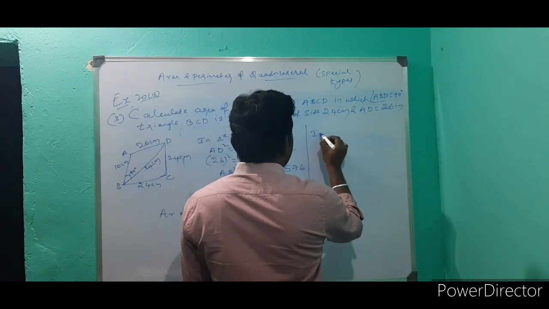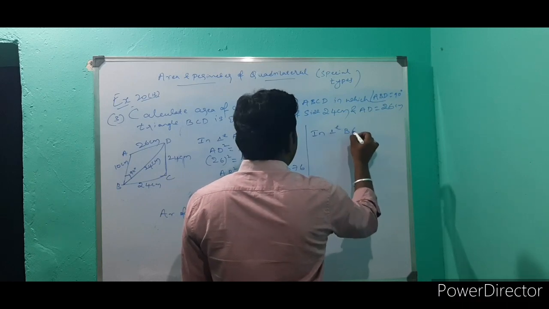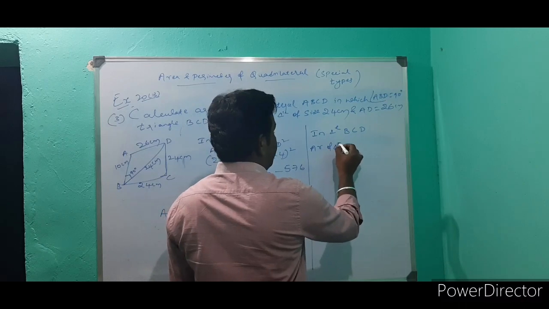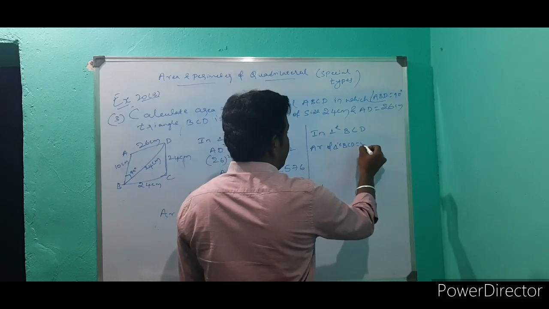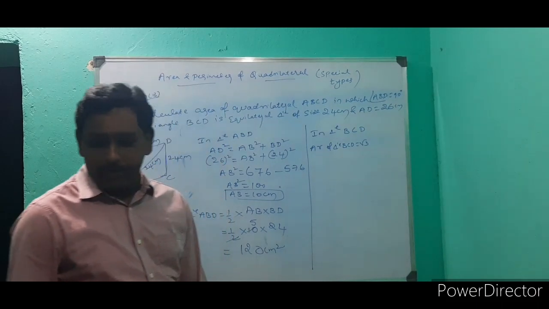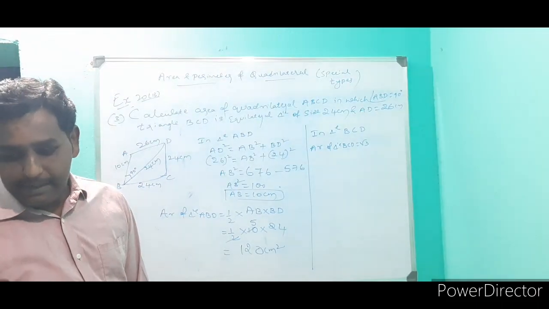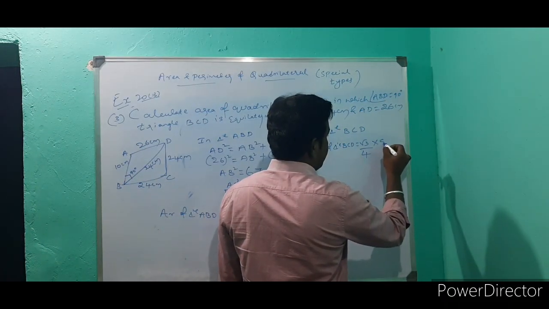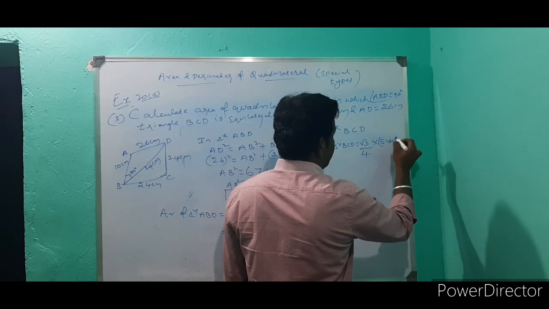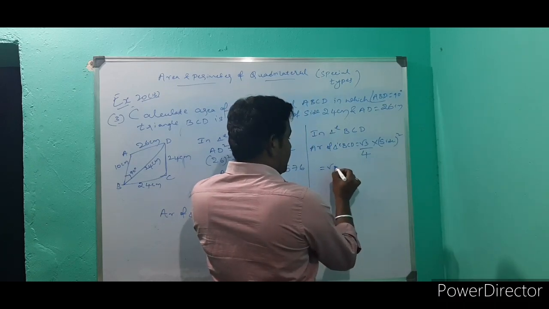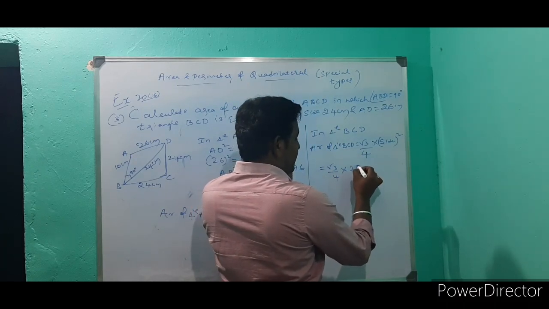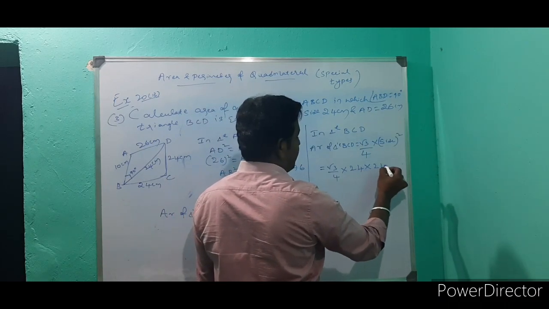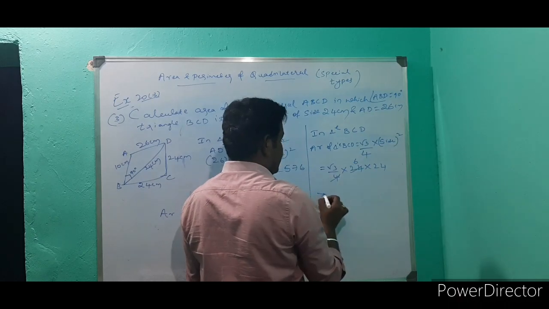Next up, in triangle BCD, equilateral triangle, area of triangle BCD is equal to root 3 by 4 into side square, that is root 3 by 4 into 24 squared. 4 1s are 4, 4 6s are 24.